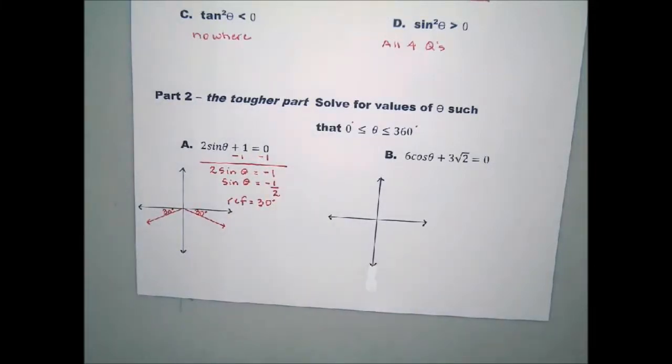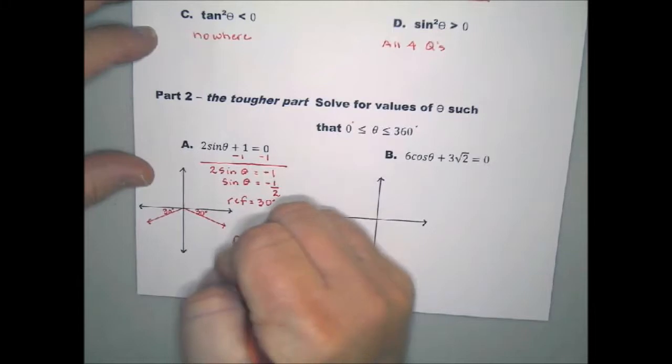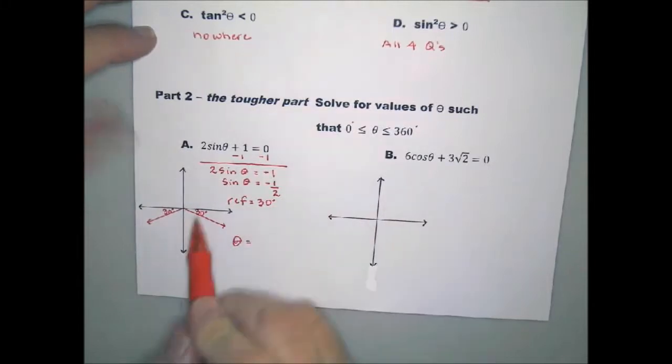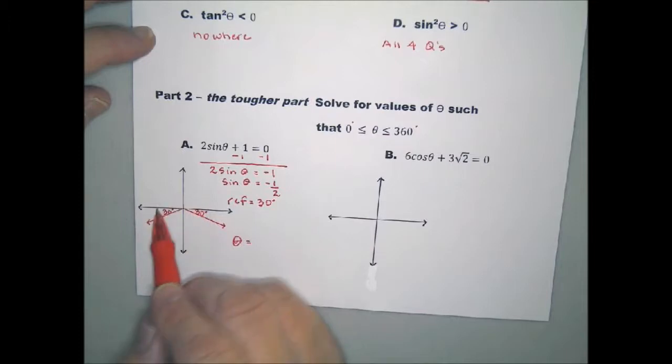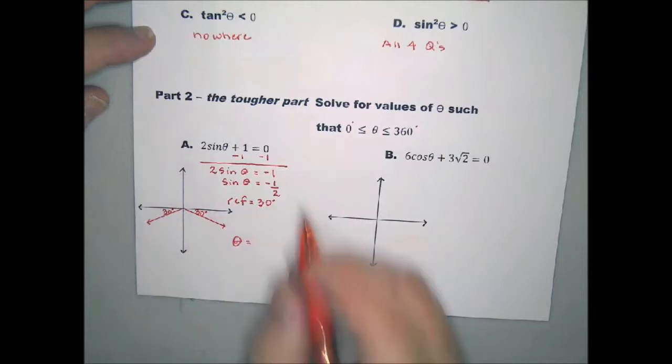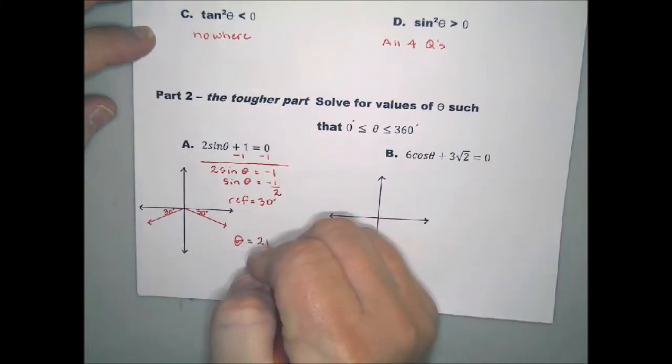Now, the only thing we have to figure out now is, what are those real degrees? Theta would equal, I start right here, I'm going around 180 degrees to get me right here, and then I'm going 30 degrees more, so that would be 210.